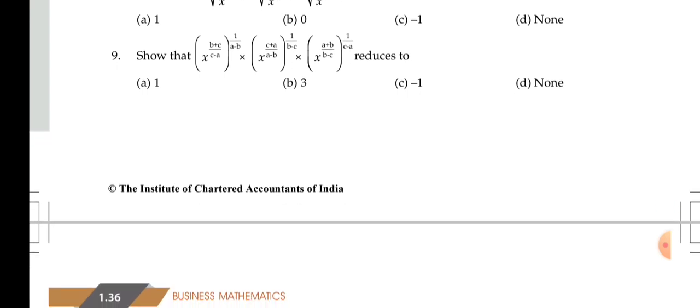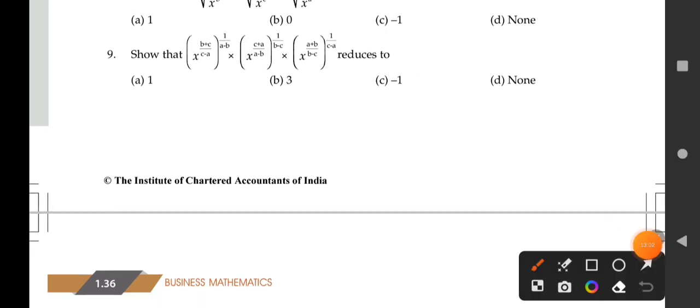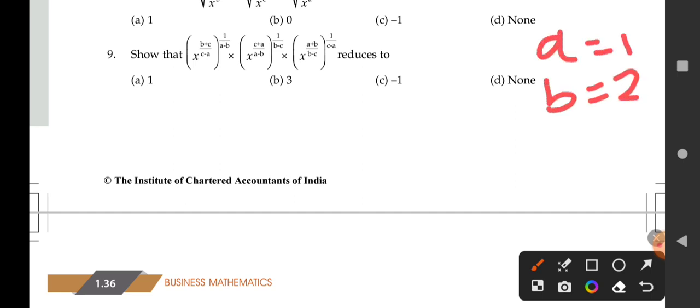Question number 9. The catch here is if you get such questions, you have to assume some numbers. In this as well, you cannot assume the same number since the denominator can become 0. Hence, we will assume A equals 1, B equals 2, and C equals 3. So, what do we get?